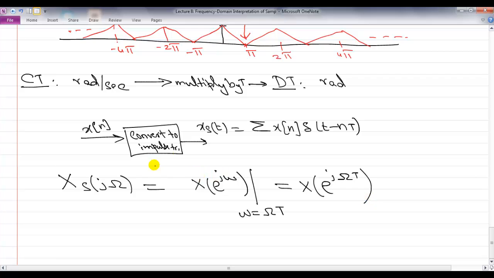So when you go from continuous time to discrete time, your frequency axis gets scaled by T, so that you go from radians per second to radians. When you are going from discrete time to continuous time, you have a scaling of the axis by a factor of 1 over T, so that you go from radians to radians per second.